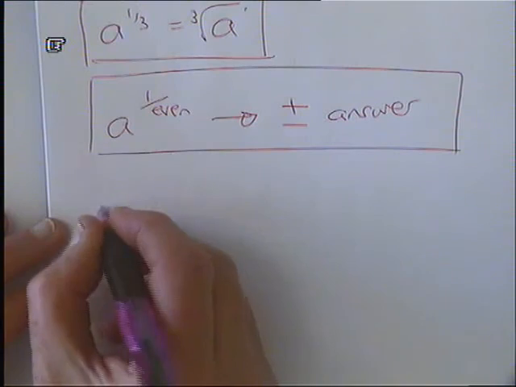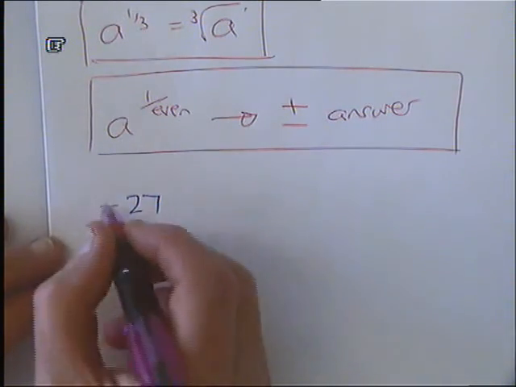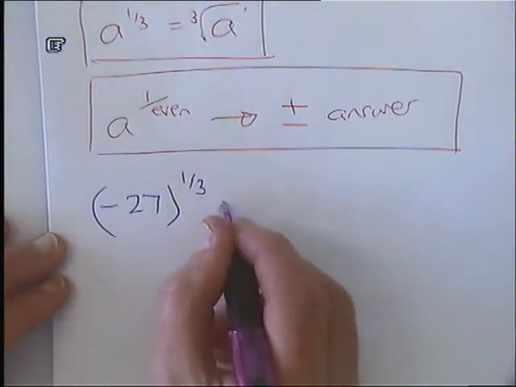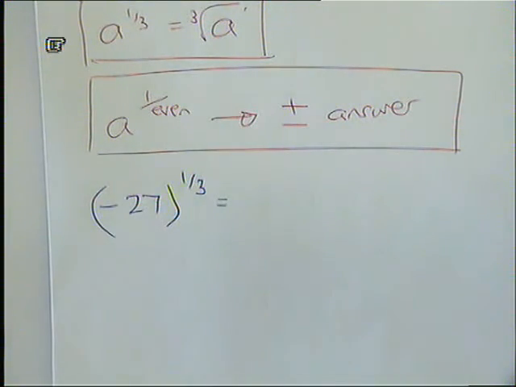So, what is negative 27 to the power of 1/3? Deathly hush has arrived. Negative 27 to the power of a third. Go on.